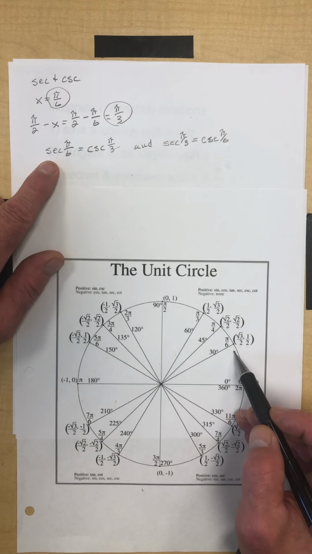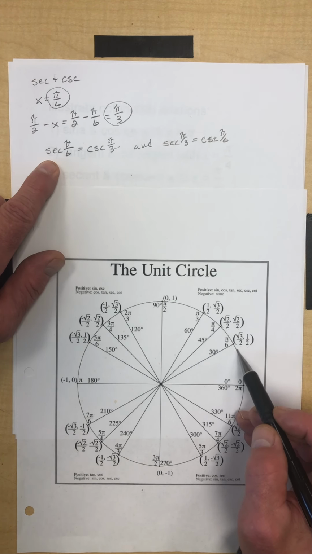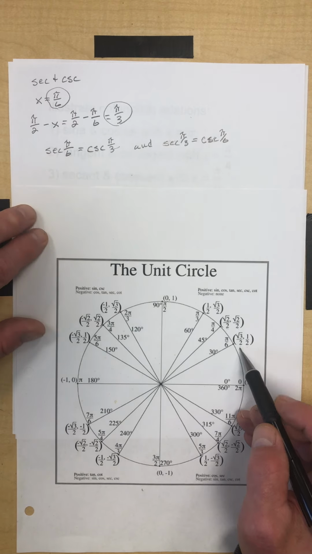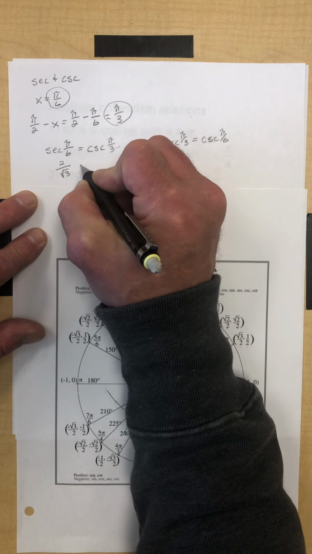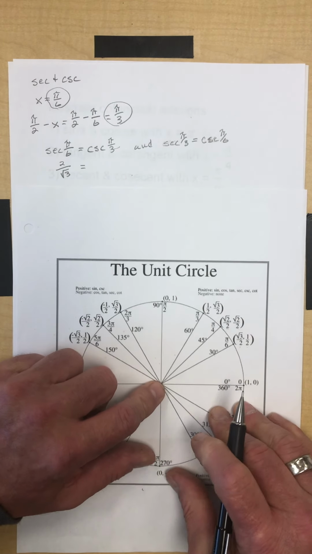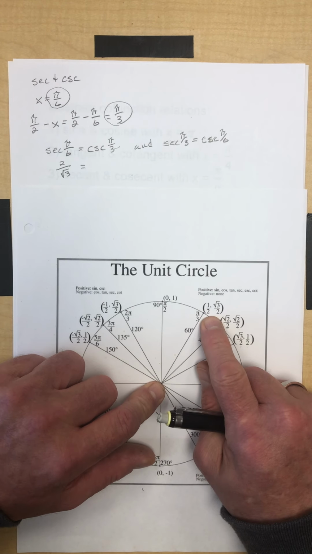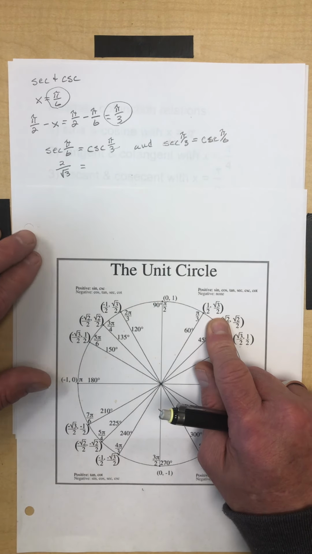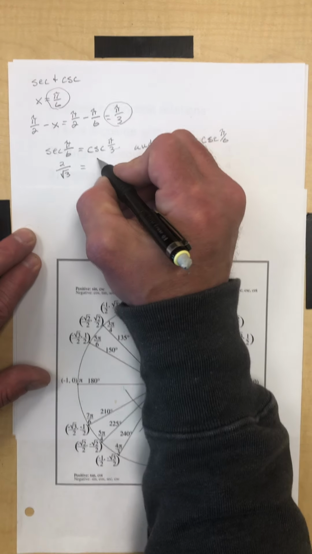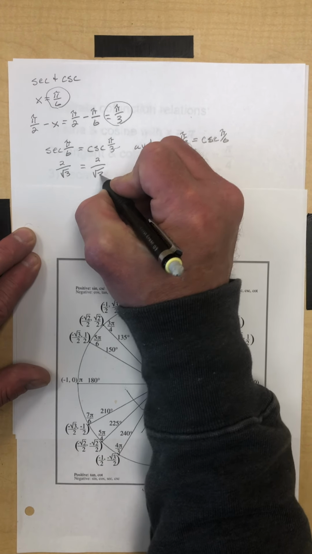Secant is the reciprocal of the cosine, so it'd be the reciprocal of our x-coordinate. The reciprocal of radical 3 over 2 is 2 over radical 3. And cosecant of pi over 3, we're right up here. Cosecant is the reciprocal of sine, and sine is your y-coordinate. So again, take the reciprocal of radical 3 over 2, and you get 2 over radical 3.